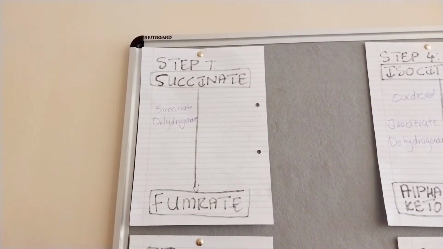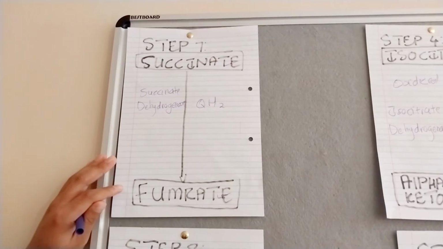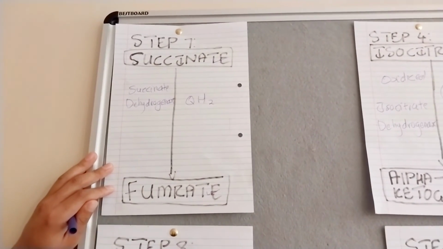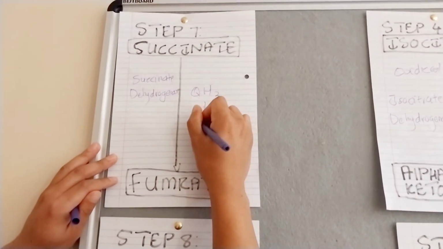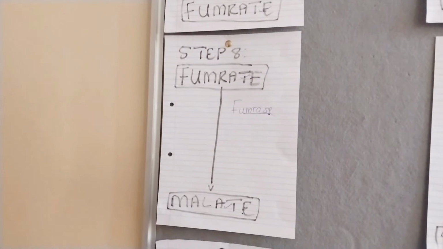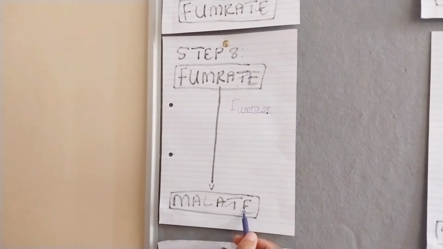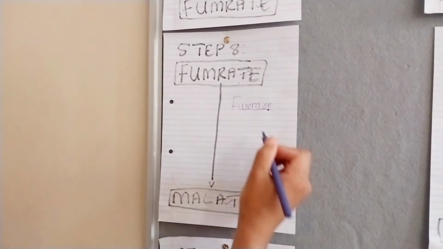Now in this process, QH2 is used for the production of FADH2.